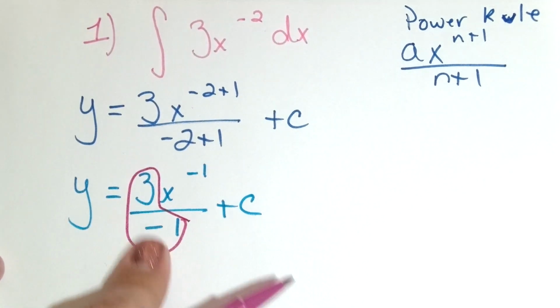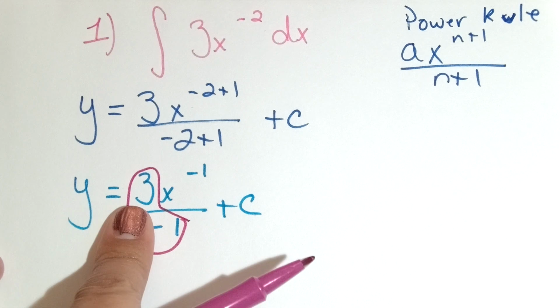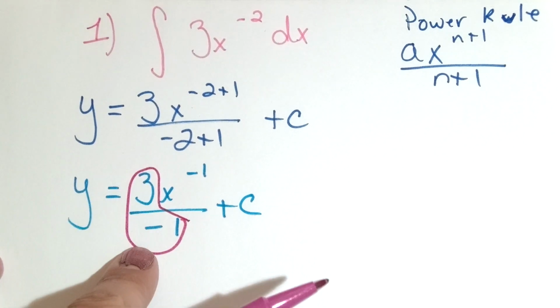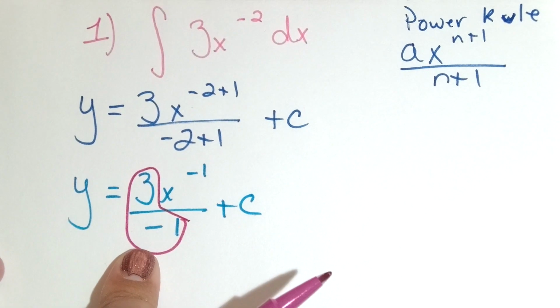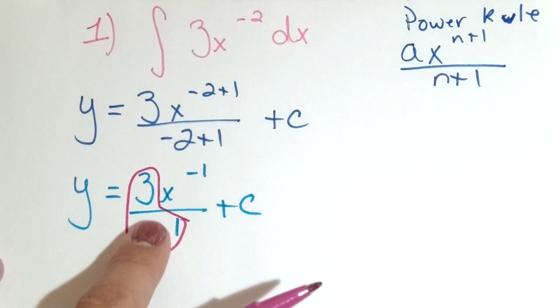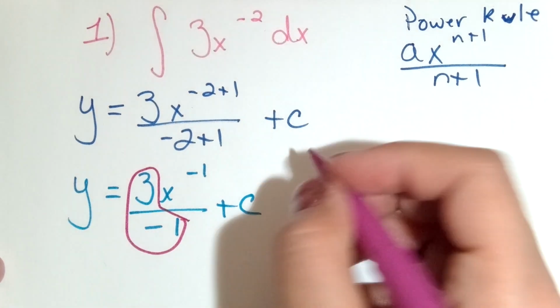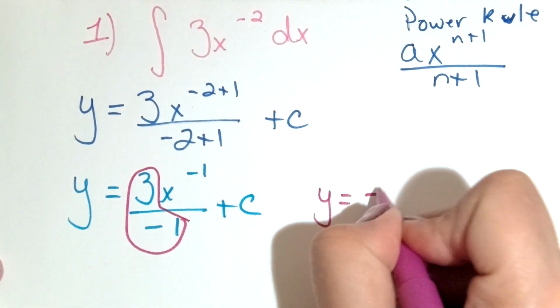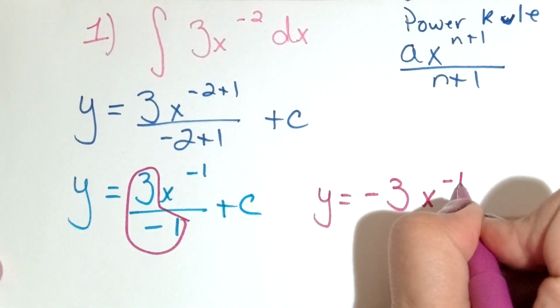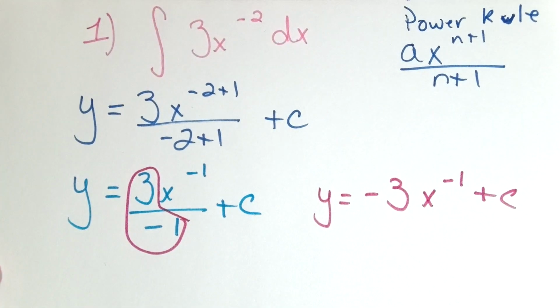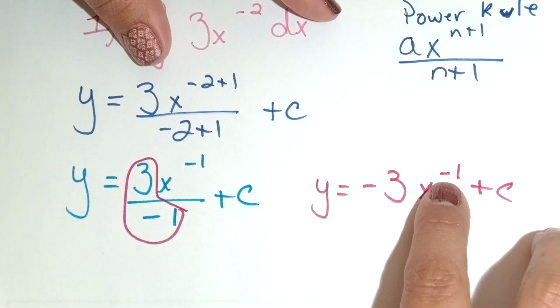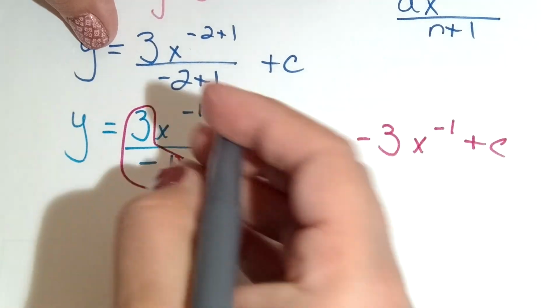When we put this in the calculator, you see I'm circling my coefficients, the numbers in the numerator and denominator, to be able to divide them. When you divide 3 and negative 1, that gives you negative 3, x to the negative 1, plus c. Now what do we do? We change it to the positive exponent, and we just flip it to the denominator.